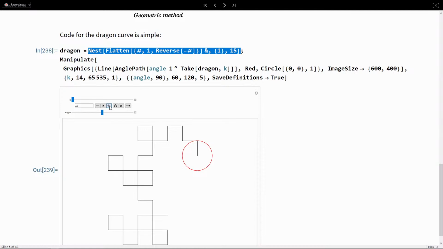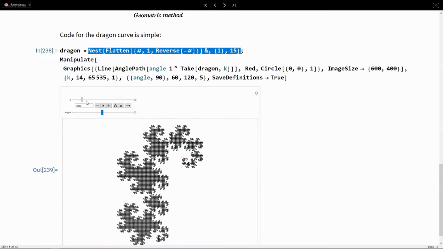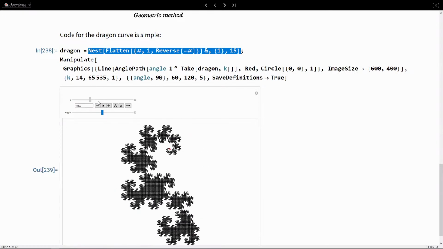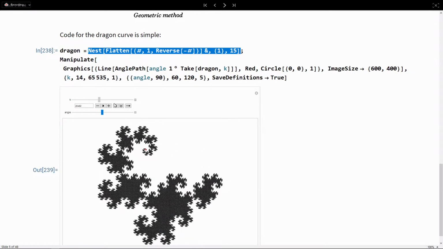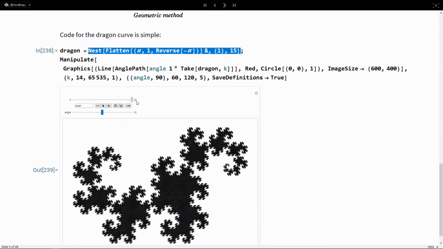And we can gradually grow the curve. And once we've started generating it, we can just keep on going. So here's 65,000 steps of the dragon curve.